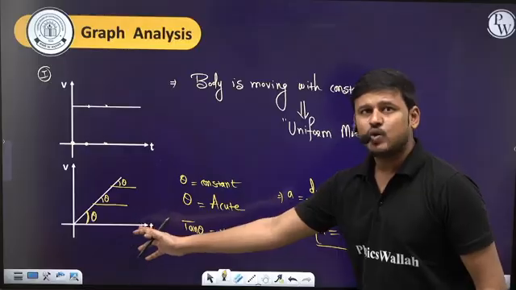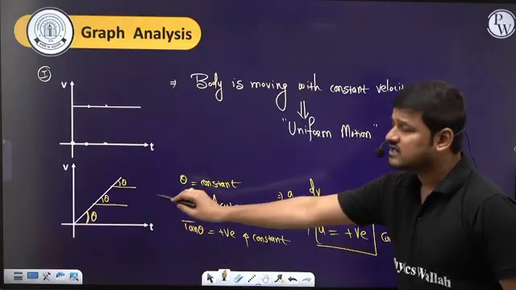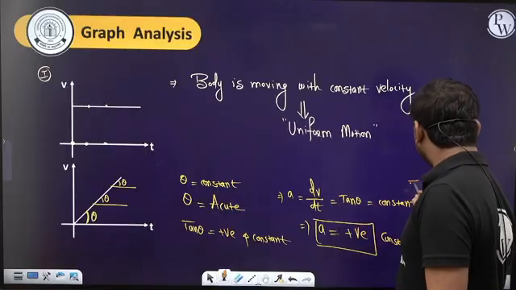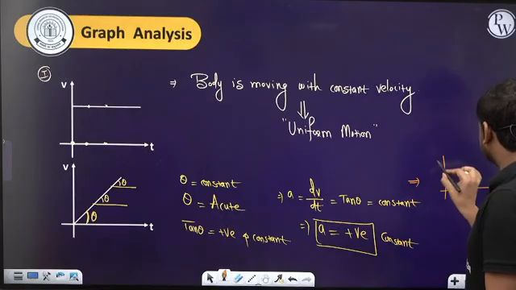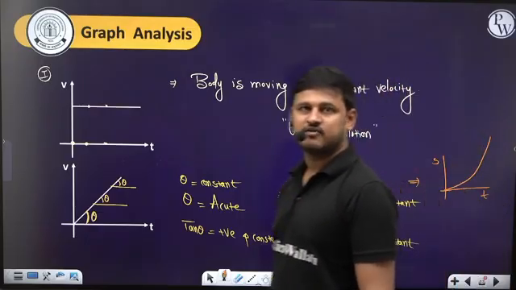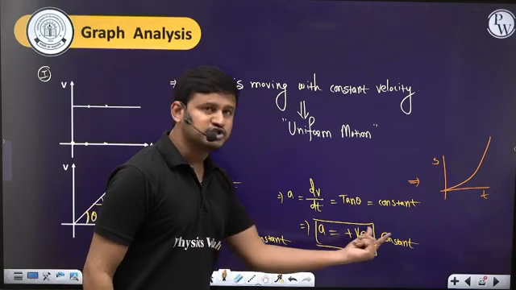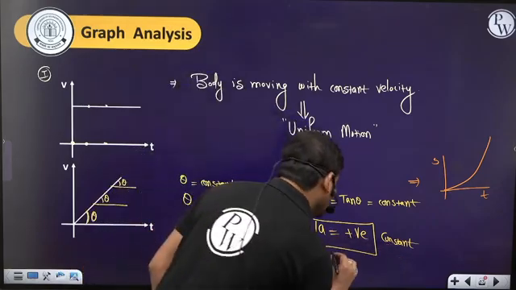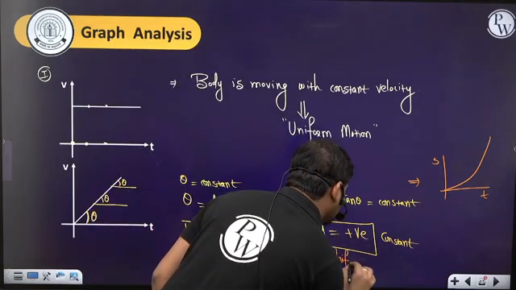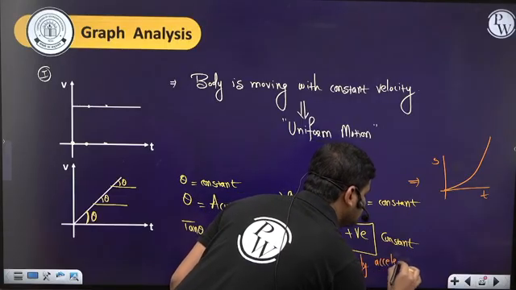If they ask what the respective displacement-time graph for this is, you can simply write that it is a concave upward graph. Understanding? Just relate the things, guys. So acceleration is positive and constant, which is nothing but what we call uniformly accelerated motion. The body is in uniformly accelerated motion.